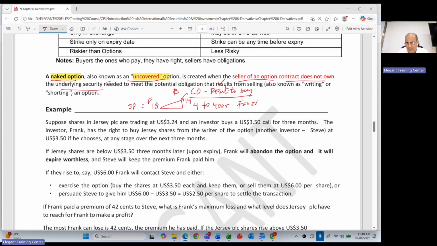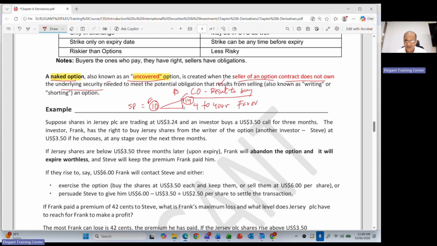So when the strike price was 10 and the market price 14, it is in your favor. That's what you wanted. You thought the price will go up. So you will pay 10 and you will get shares worth 14. If the seller is not having the shares, he has to buy from the market and give you. And that option is called a naked option, uncovered option.